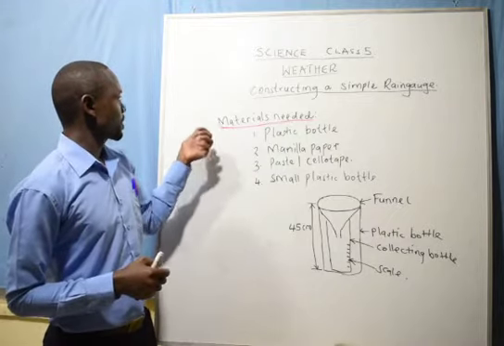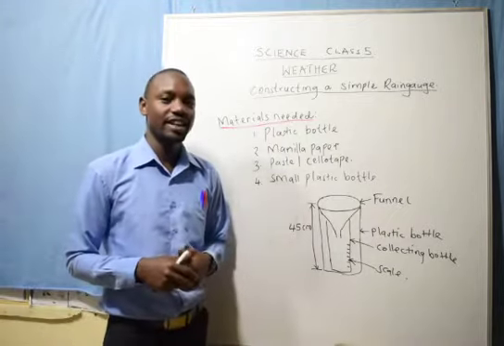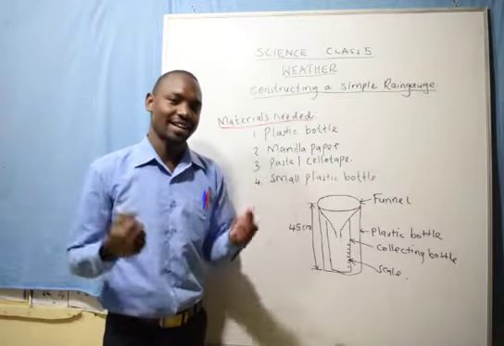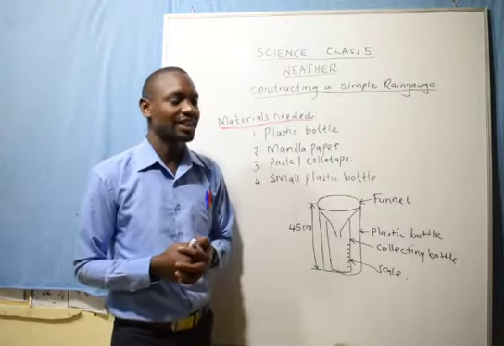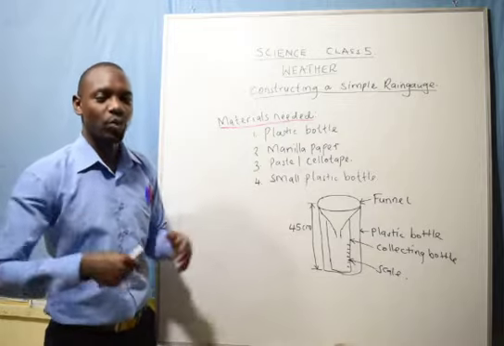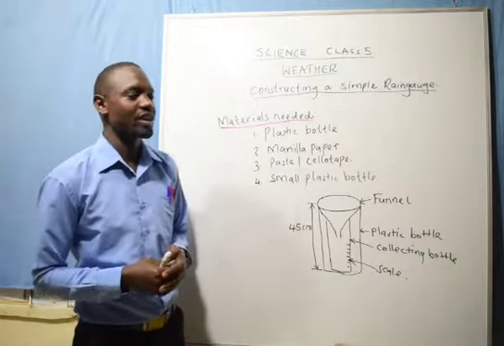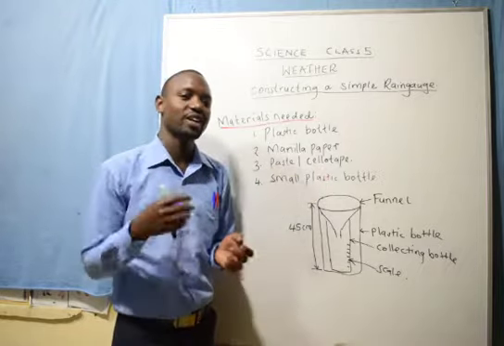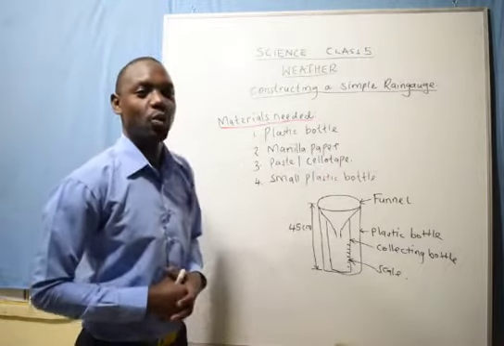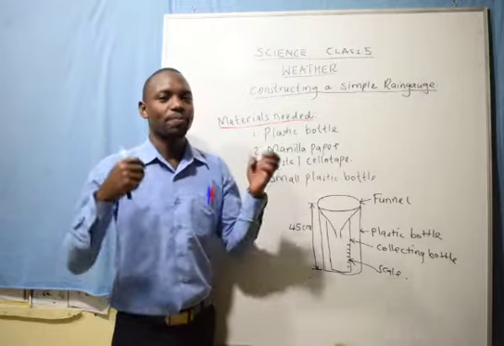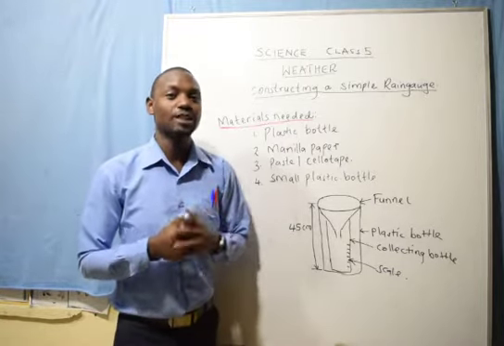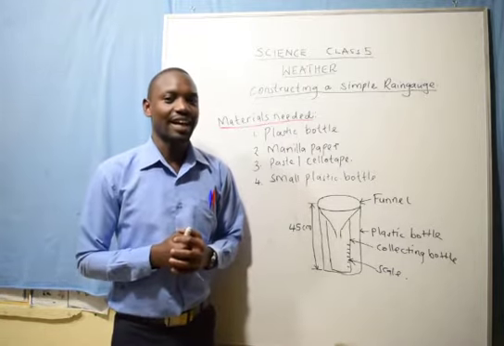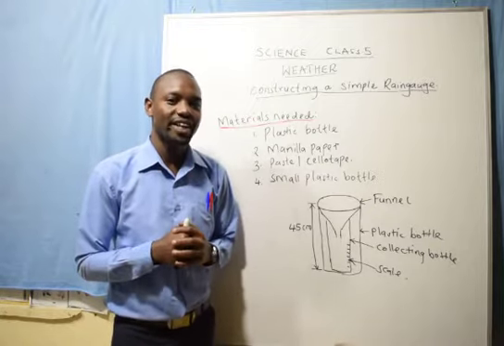So, weather instruments, we said we have a rain gauge, which measures rain in millimeters. We said we have a wind vane, which shows the direction from which the wind is blowing, whether from north or south or west or east. We also have a windsock. A windsock is a weather instrument that measures two aspects of weather, that is strength and direction of wind.